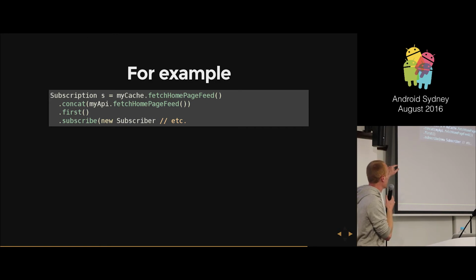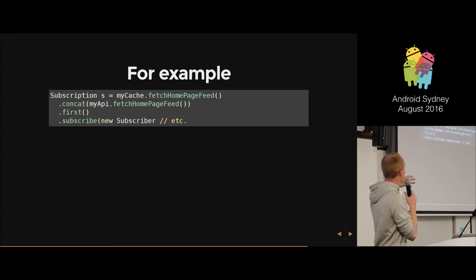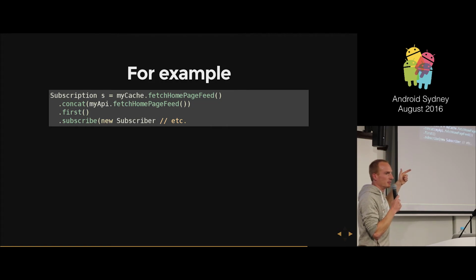And the concat and the first work really well together in the sense that the concat is lazy. So if the cache has an item and it emits that item, we never hit the network. It just completes immediately. If the cache is empty, then we go to the network to fetch the item, and then we emit that item.